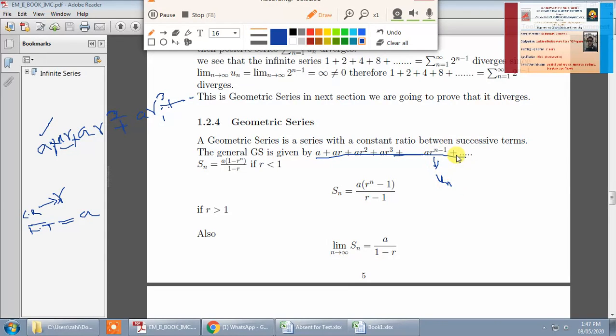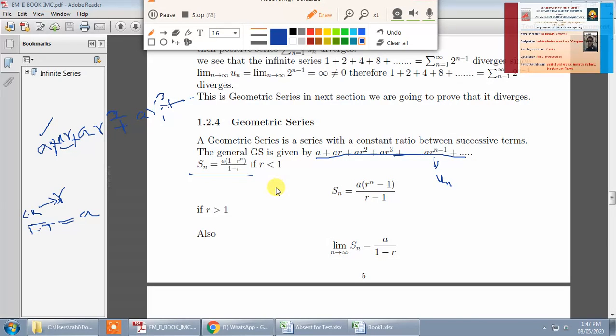And then you have un plus 1, un plus 2, up to u infinity. Now what if you want to find its summation? The summation is given by a ready-made formula. The sum of the first n terms of a GP is given by Sn equals a times 1 minus r raised to n, divided by 1 minus r, provided the common ratio is less than 1, for example 1 half, 1 by 3, or 1 by 9.